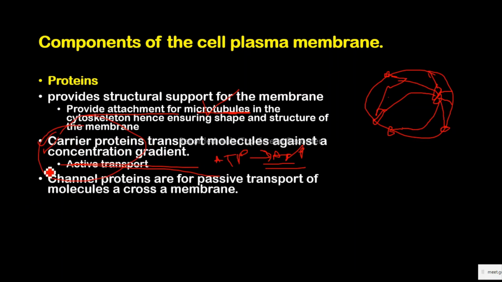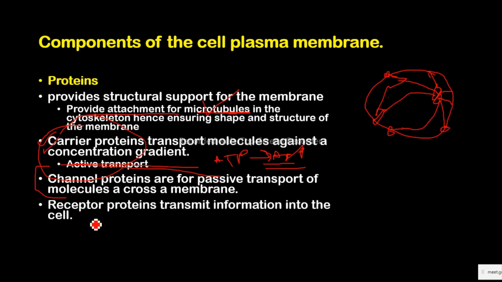The channel proteins just provide a pore where polar molecules will pass. Some are gated, they have a gate which opens and closes, but others are not gated, they are just ever open. So materials will always diffuse in and out based on their concentration gradient.